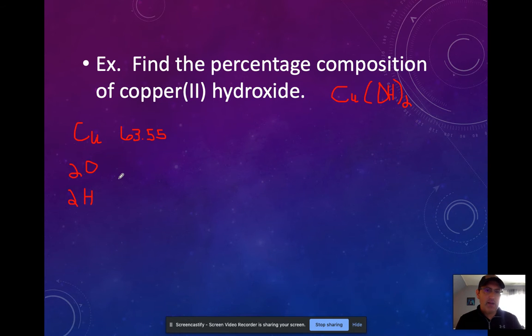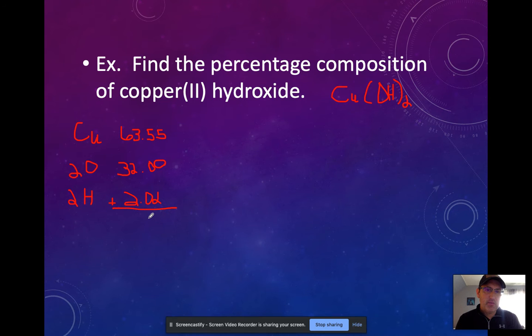Two oxygens, as you can remember, oxygen is 16, hopefully. So that's going to be 32.00. And then lastly, 2 hydrogens, 1 hydrogen being 1.01. Your 2 hydrogens are 2.02. So we're going to add that up and get a total.